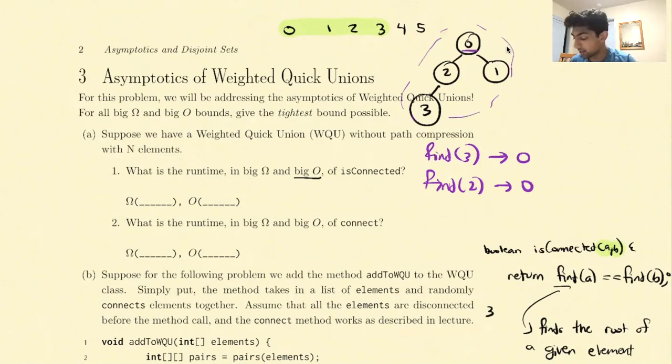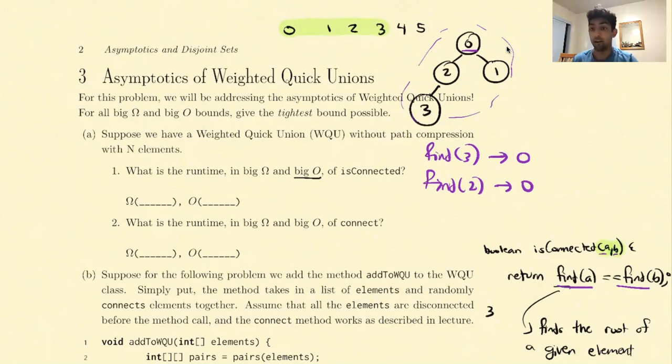So is connected calls find on A and find on B, and checks if these are the same root. In other words, we're asking, do A and B belong to the same tree? To verify that, we just make sure they have the same root.